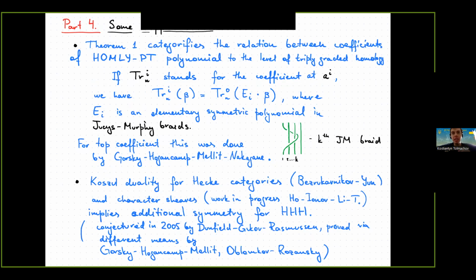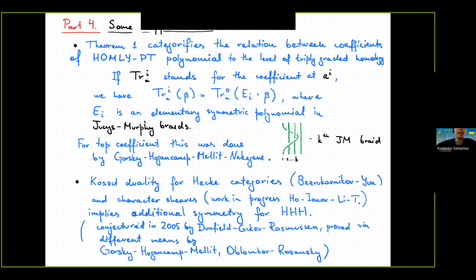So some applications of these abstract-looking results are as follows. This theorem categorifies a certain relation between coefficients of the HOMFLY-PT polynomial to the level of triply graded homology. Recall that our link invariant is a certain Laurent polynomial in two variables, v and a.